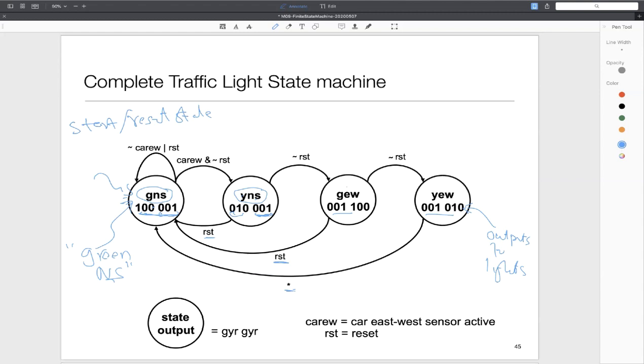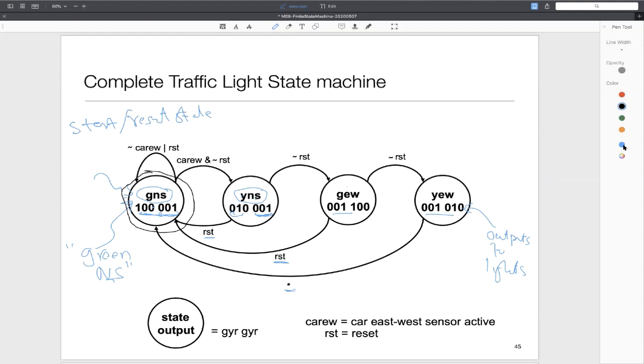So anytime reset goes high, I move to GNS. And of course, at power up, usually there will be a reset, so I'm going to start out here. So actually, in terms of our earlier notation, I should draw this state with a double circle because it's the start state.